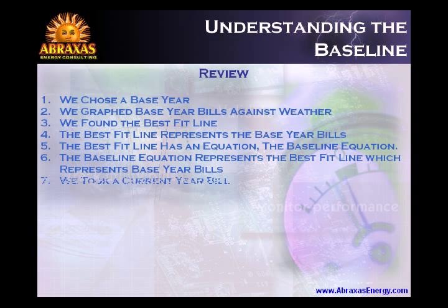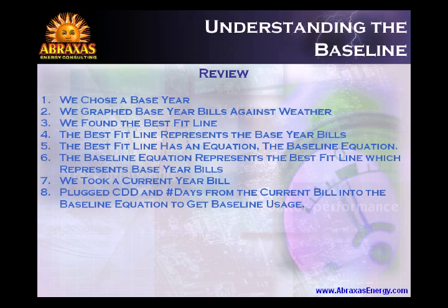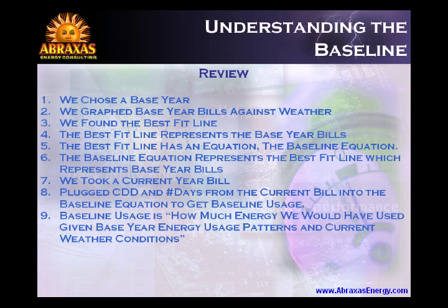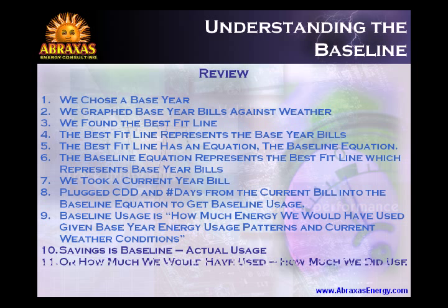We took a current year bill. We plugged cooling degree days and number of days from the current year bill into the baseline equation to get the baseline usage. Baseline usage is how much energy we would have used given base year energy usage patterns and current weather conditions. Savings is baseline minus actual usage, or how much we would have used minus how much we did use.